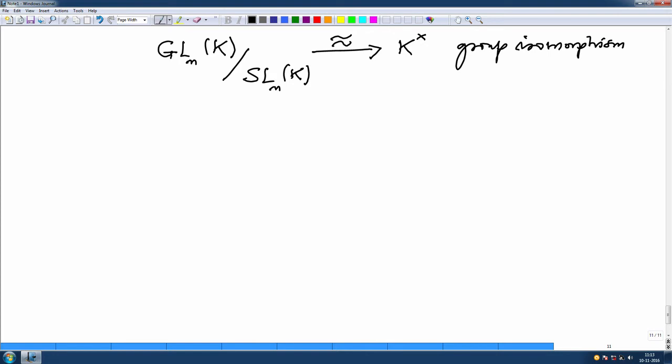Okay, now I want to recall, let me write as an example, what we have done when we studied elementary matrices. So I will just summarize in this example, with this new language, what we have done there.